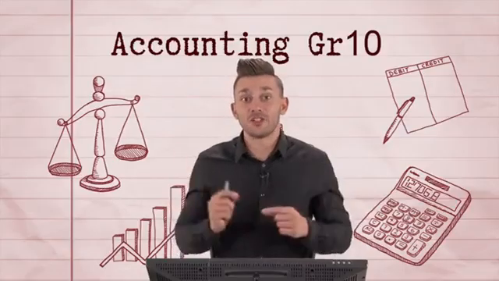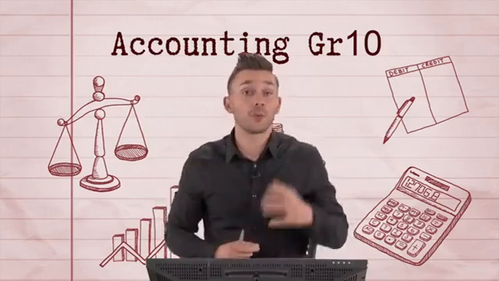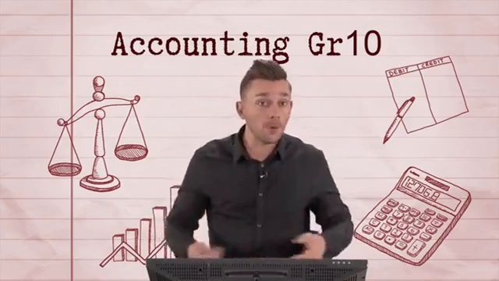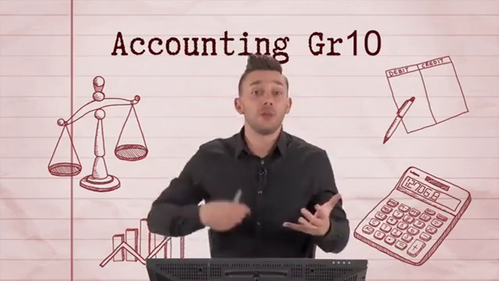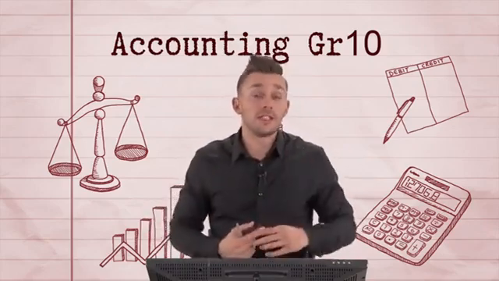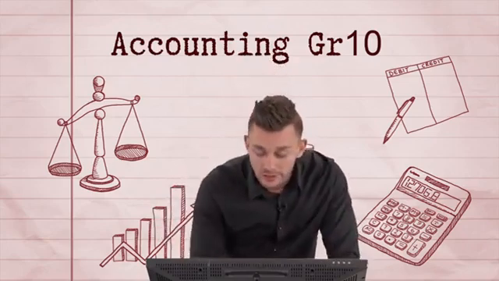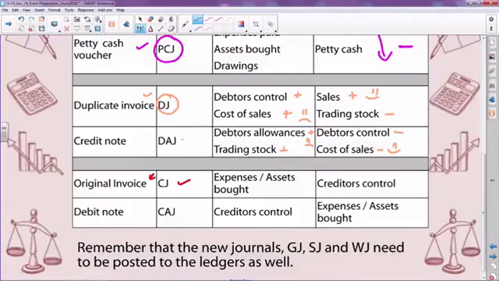Okay guys, let's look at your creditors journal. Remember, CJ is used when we buy trading stock or we buy equipment or anything that we buy and we owe the creditor now. And then the CAJ will be used when we return to the creditor. So if we look at the CJ, there it is. The original invoice will be our source document. And remember, we're buying things, so assets will go up, your expenses will go up, and your creditors control will go up on the credit side because we are actually buying on credit and owing more and more and more.